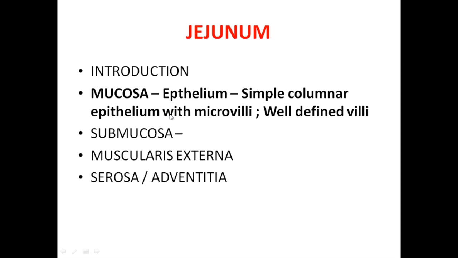Jejunum is very simple. You don't have to write much detail. It is the second part of the small intestine, approximately 2.5 meters long. Its main function is to do the major part of absorption of the nutrients. While describing the four important layers, the epithelium is simple columnar epithelium with microvilli, and the villi are very well defined in the jejunum. The remaining submucosa, muscularis externa and serosa or adventitia will be similar to the other structures of the GIT.